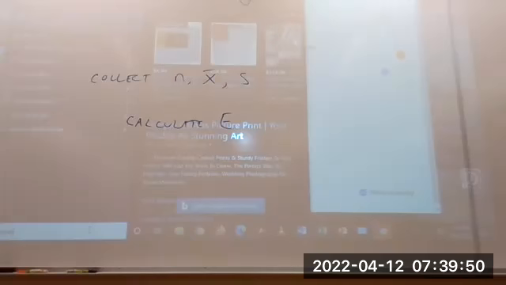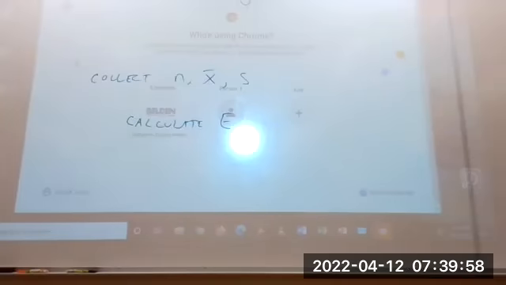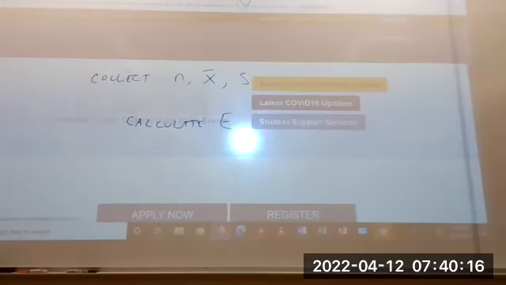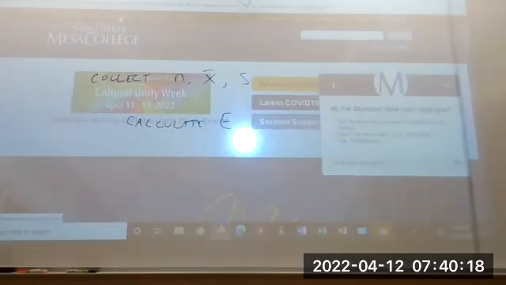The previous instructor has set up the login so that it goes directly to their whatever. I've never actually seen a screen like this in my entire life. Say again? You can use a different browser. Well, Mesa College doesn't really like it. I'm trying Firefox. It doesn't like different browsers. There we go.